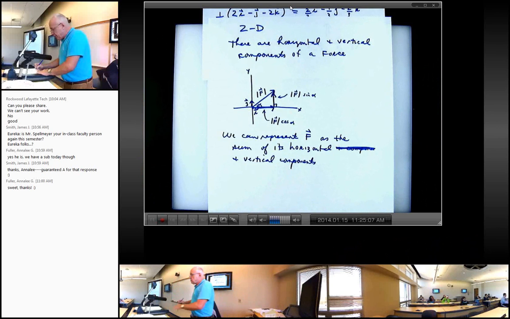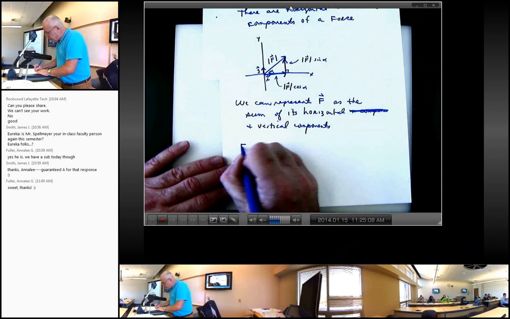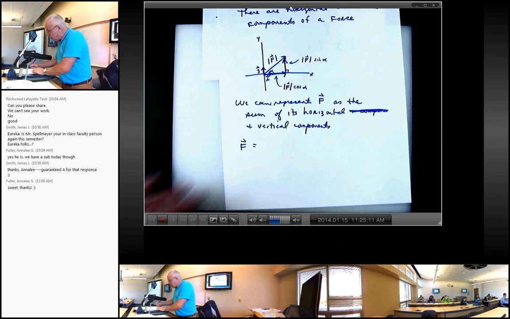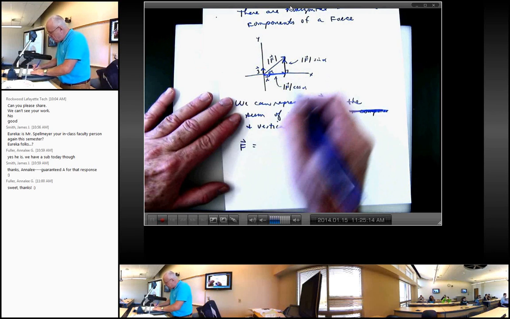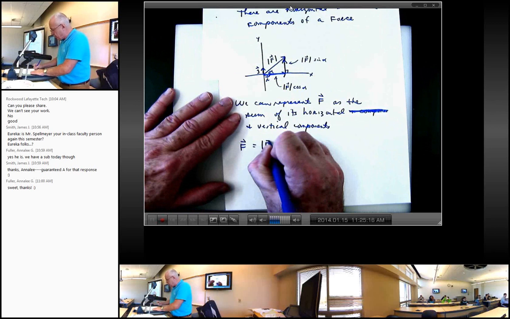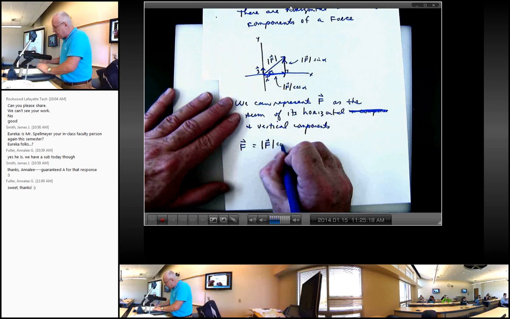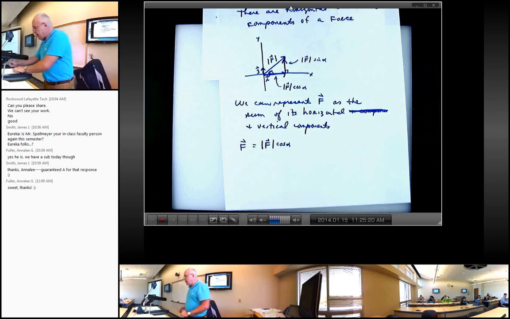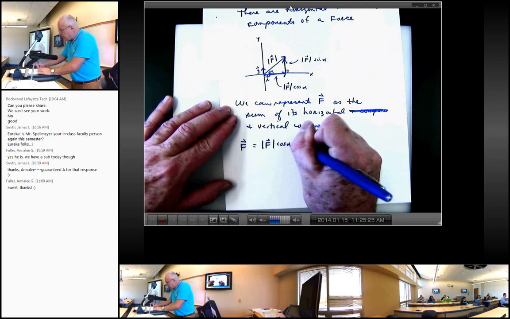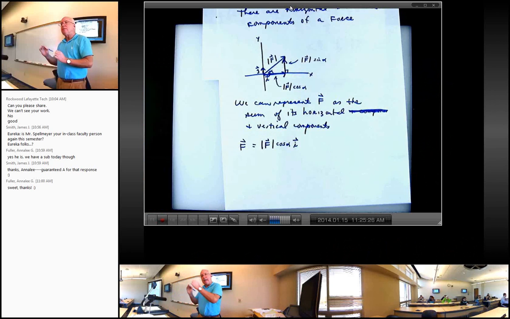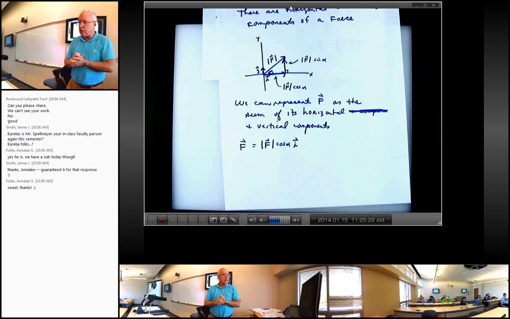So our force vector is equal to the magnitude of the force vector times the cosine of the angle, which is the length in the x direction, multiplied by that unit vector i.